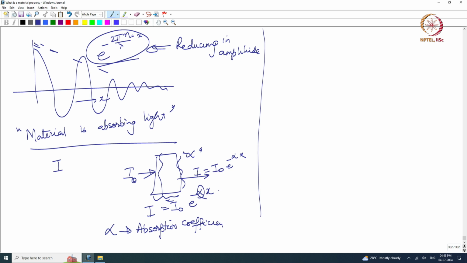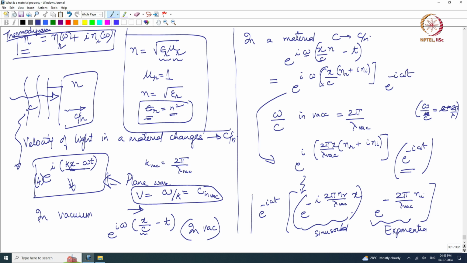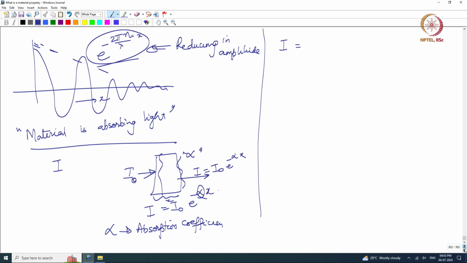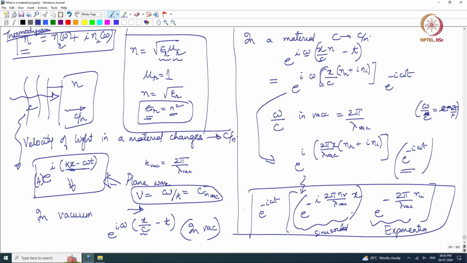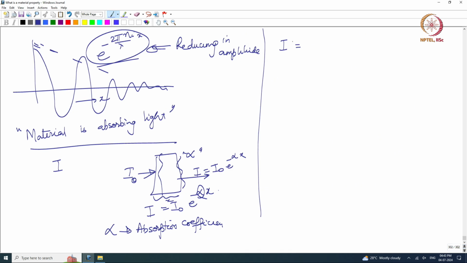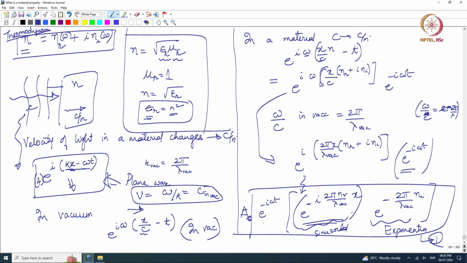Alright. So now what is the intensity of light that comes out? If I look at this wave, this wave is the amplitude of light, and this times some a naught. The intensity of wave 1 will be I equal to a naught square times, so if I square this, that will be 1, if I square this, that will be 1.